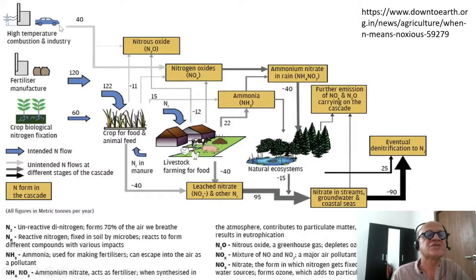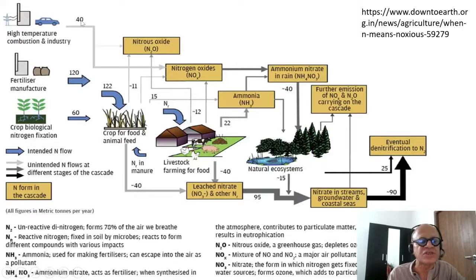So looking at this cartoon here, schematic, obviously for all the transportation and energy production, we are doing fossil fuel combustion at high temperatures, and that produces what is referred to here as unintended nitrogen flows at different stages of the cascade.